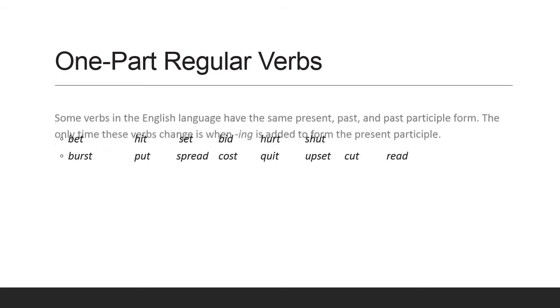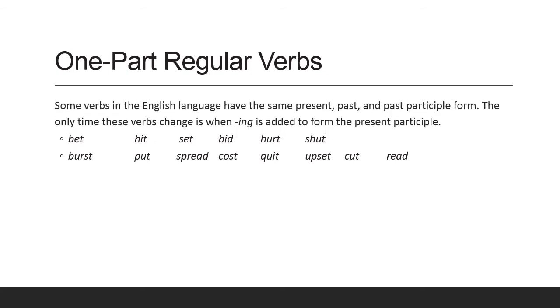Some regular verbs have the same present, past and past participle forms. That means the only time they change their form is in the present participle while using ing. Otherwise, every other form is same. So for example, if you look at the verb bet, it's bet in the present, bet again in the past, and bet again in the past participle, and the only form that changes is betting, which is in the present participle.